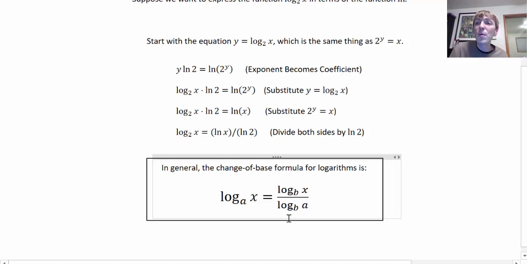Okay, how do you remember this? Because that's maybe the most important thing. We're going to be using this all the time, and we're not going to want to derive it every single time. So how do you remember it? The easiest way I found is to remember that, sure enough, the base A is going to become base E. So it's mostly about the order, whether you write it as x over A or A over x.